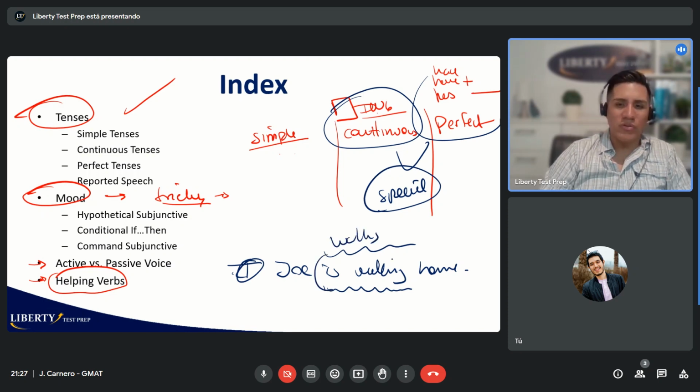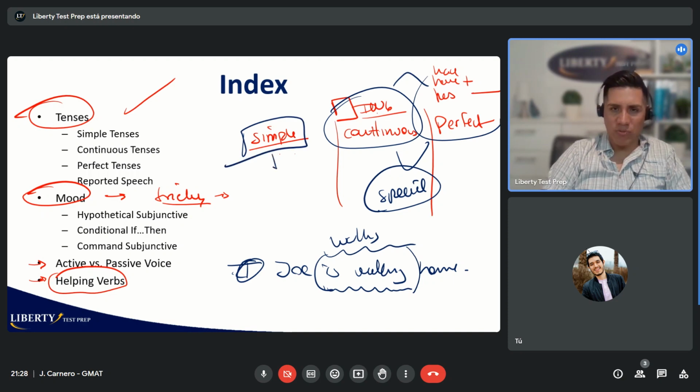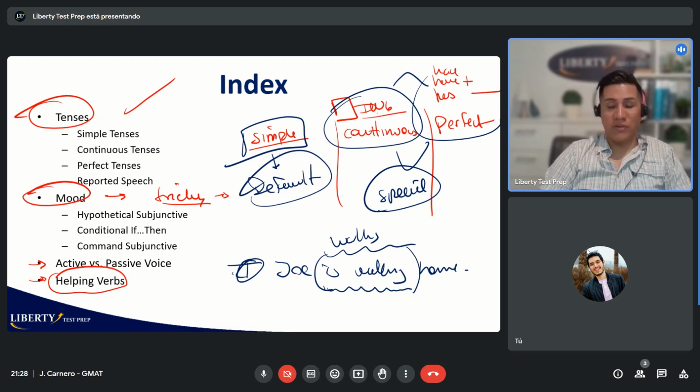So we only use the special tenses when there's something that requires us to use them. If there's nothing that would require us to use it, then we go with the simple. The simple is that default tense. That's a natural tense. So we leave things in their natural state. Okay, that's important.